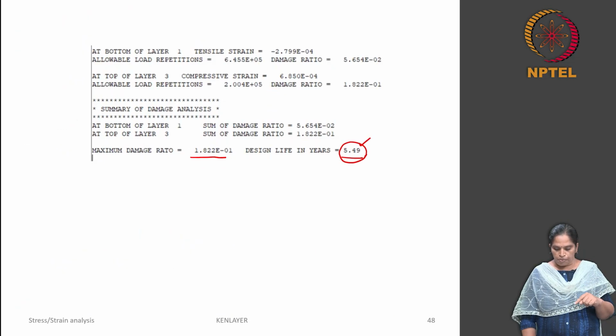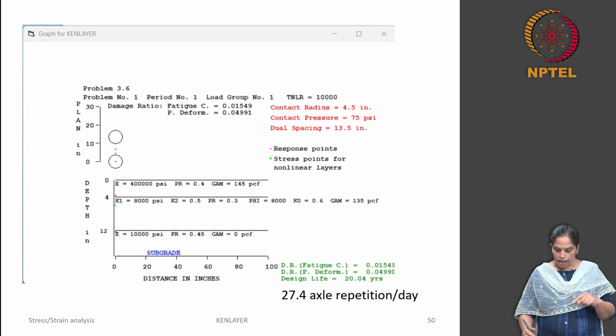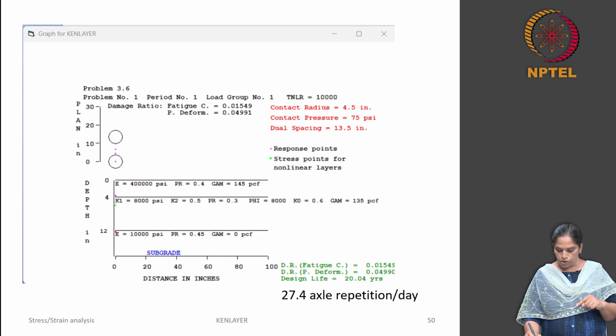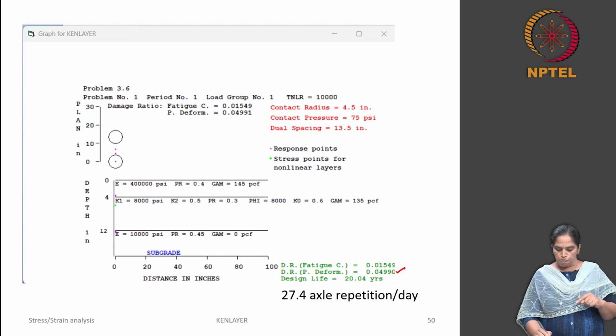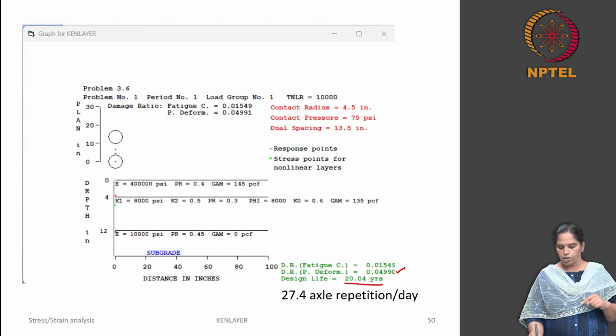When you keep it at 10,000, the damage ratio values computed were 0.01549 and 0.04990. You see that the second value is critical here. From this damage ratio, the design life was computed to be 20.04 years.